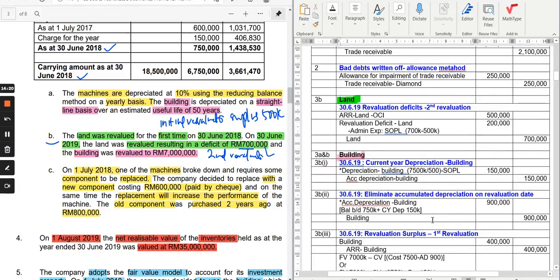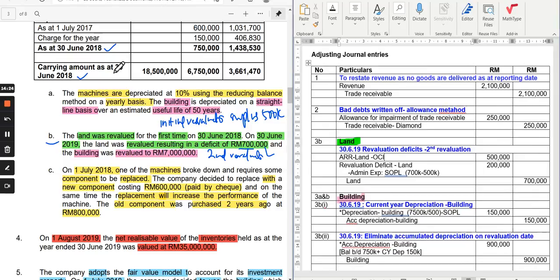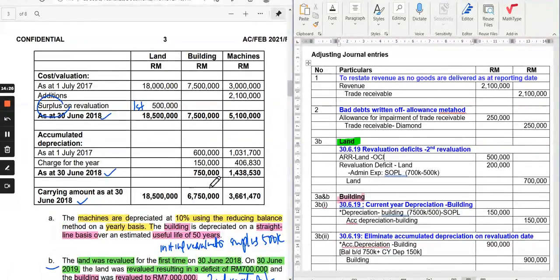So what you will do now is that you're going to calculate the depreciation. How do you calculate the depreciation? If you would see, before this, the building was 7.5 million, which is the cost of the building on 1st of July 2017, as well as the cost of the building as at 1st of July 2018.